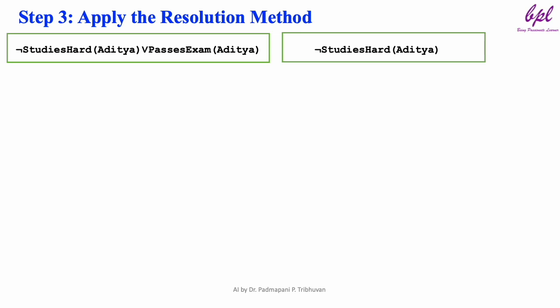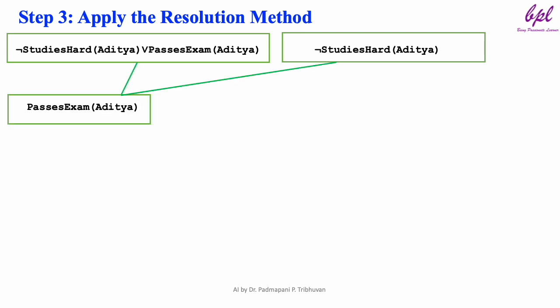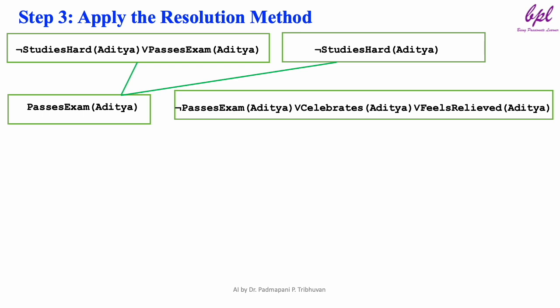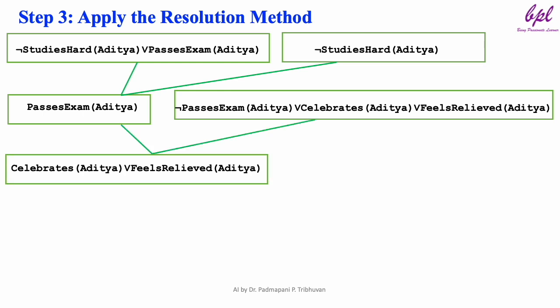Clause 4 is Aditya not studies hard. So resolving these gives us Aditya passes exam. Now from clause 3, Aditya not passes exam or Aditya celebrates or Aditya feels relieved. Resolving this with Aditya passes exam gives us Aditya celebrates or Aditya feels relieved.